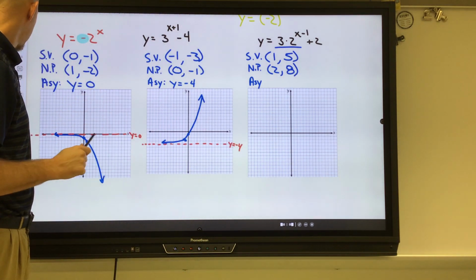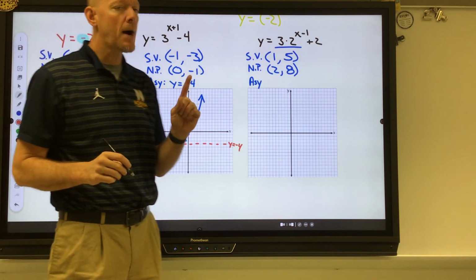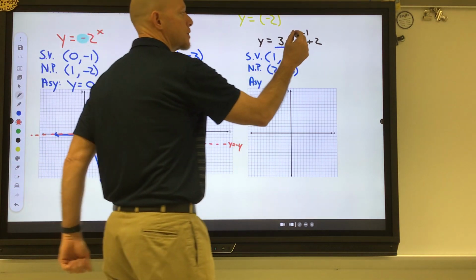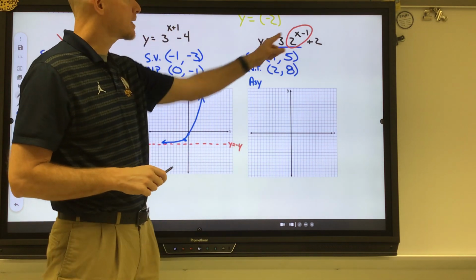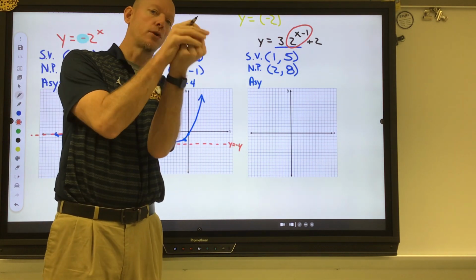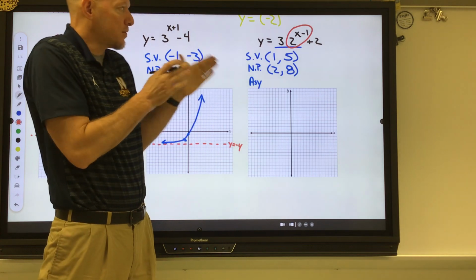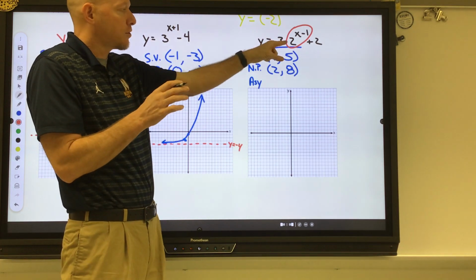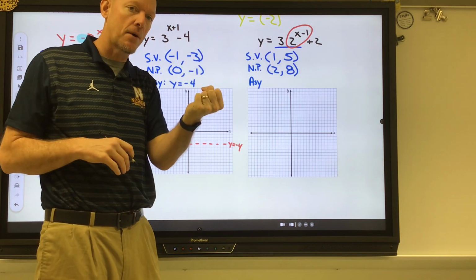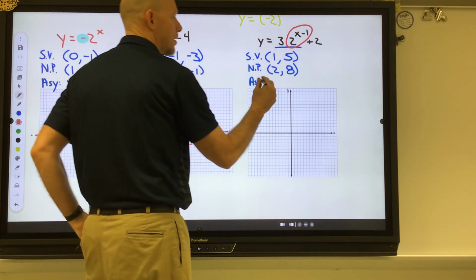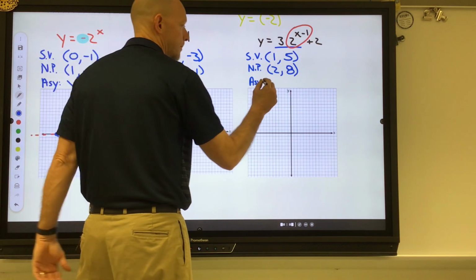Now, this is interesting here because, keep in mind, the exponential portion's only right here. So that exponential is going to go close to 0 as we get to those negative values that are going to make that super small. So then when I take 3 times 0, that's going to be 0. And then my asymptote is going to be at plus 2.